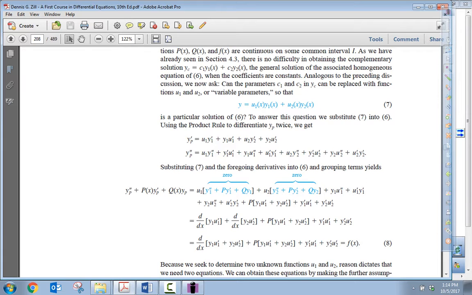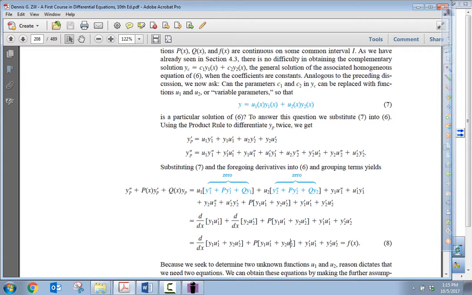And when they do that, they get something that looks like a first order differential equation, where that whole function put together is our dependent variable.